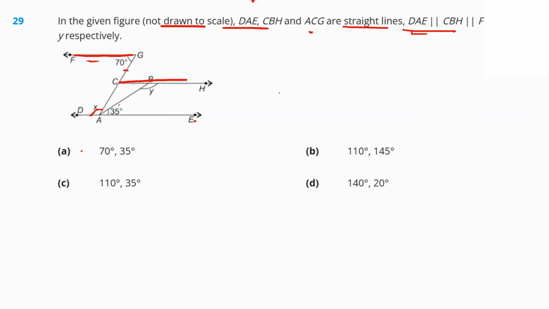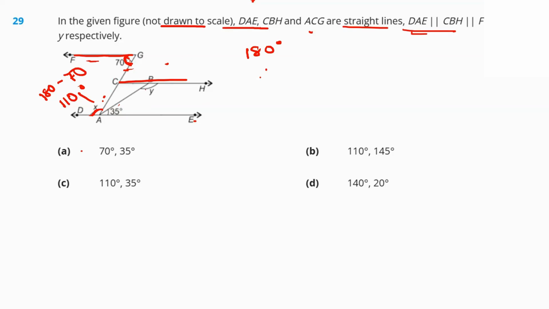Okay. Now let's see. This angle over here is 70 degrees. This is x over here. These are co-interior angles. Co-interior angles add up to 180 degrees. So if this is 70, the other one has to be 180 minus 70, that's 110 degrees.